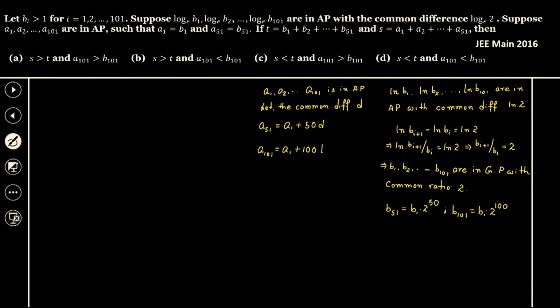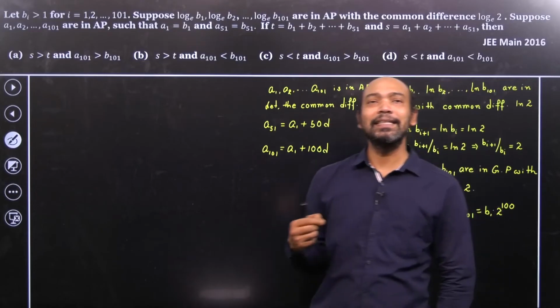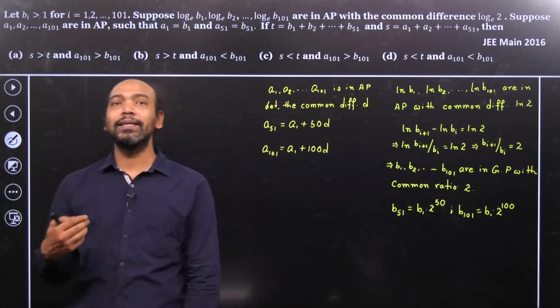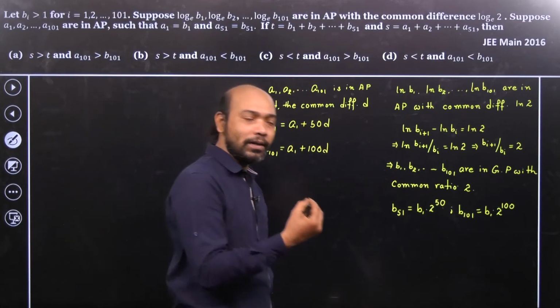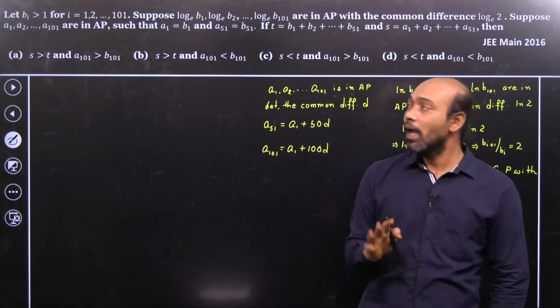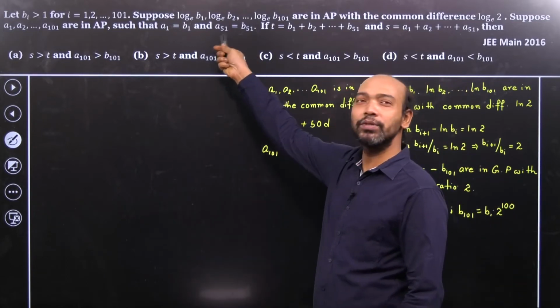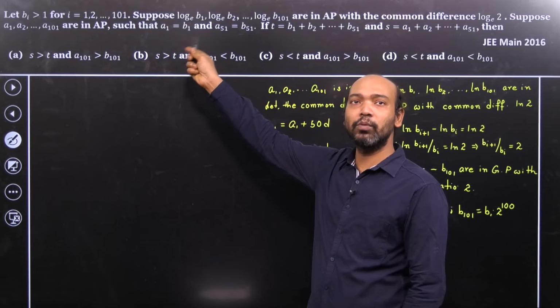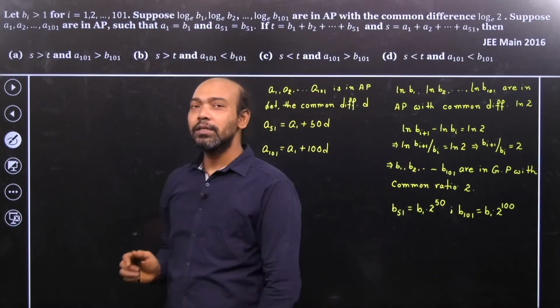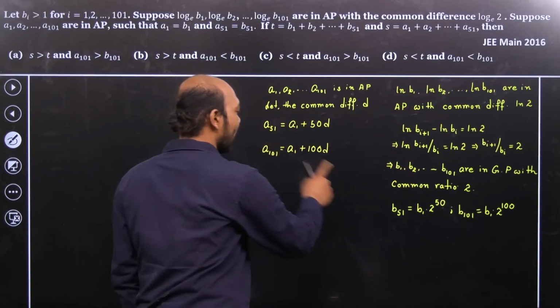That's it. So we calculated all those terms. One thing we can easily calculate from here is the relation involving D, because D is unknown here. How can we find D? We use the information that A1 and B1 are equal and the 51st terms are equal, right? So first equate A51 and B51.